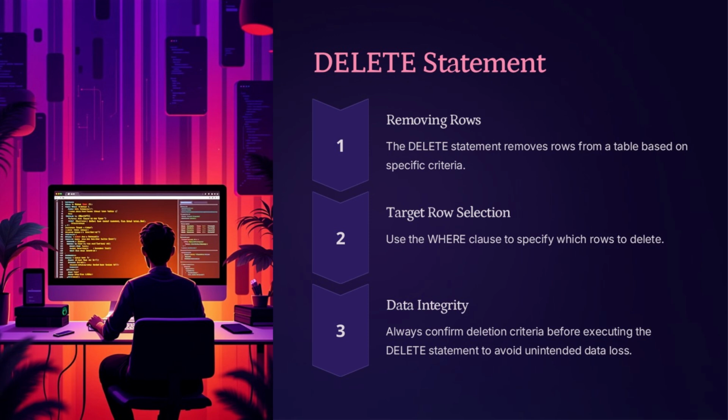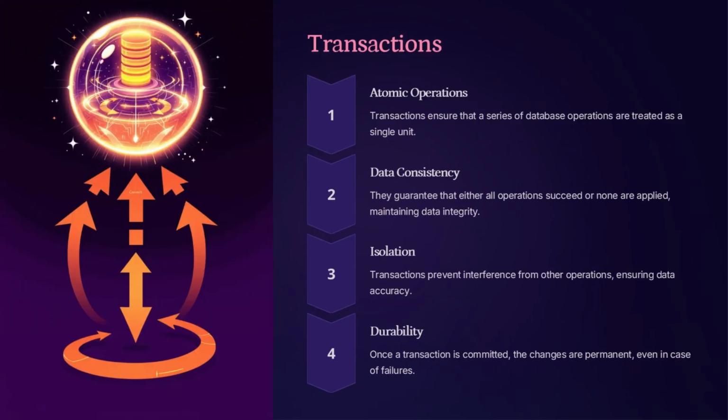Data integrity is extremely important. Transactions are a fundamental concept in database management, ensuring that a series of operations are treated as a single, atomic unit. They guarantee data consistency by making sure that either all operations succeed or none are applied, preserving data integrity. Transactions provide isolation, preventing interference from other operations and ensuring data accuracy.